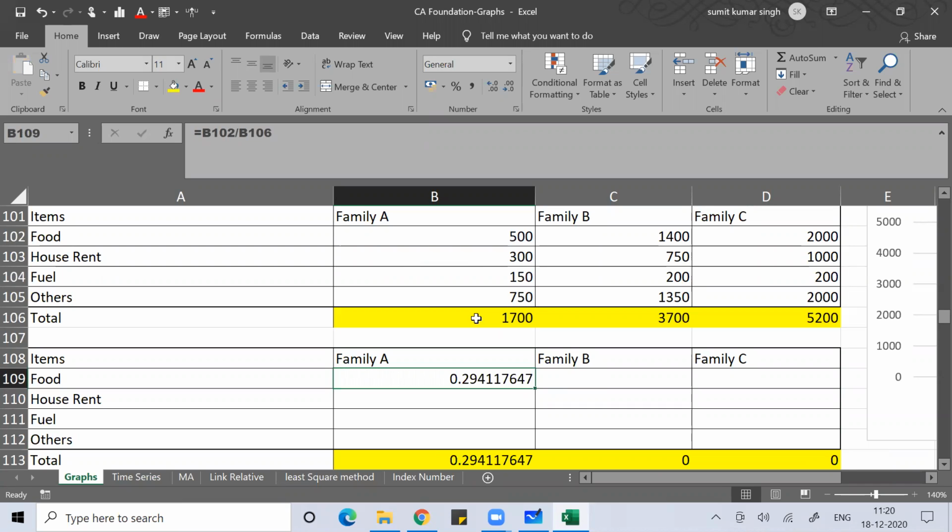So I can discuss the same thing in terms of percentage. I hope you people know Excel a little bit, otherwise we'll have a class on that.